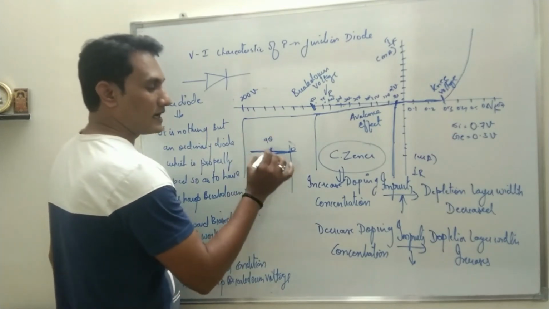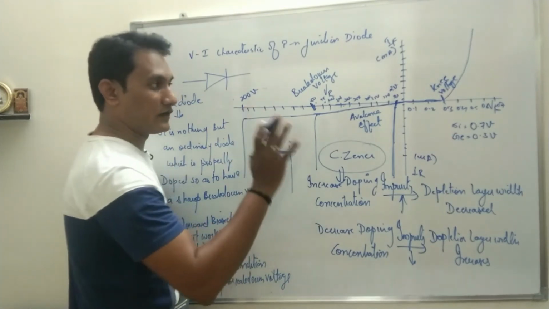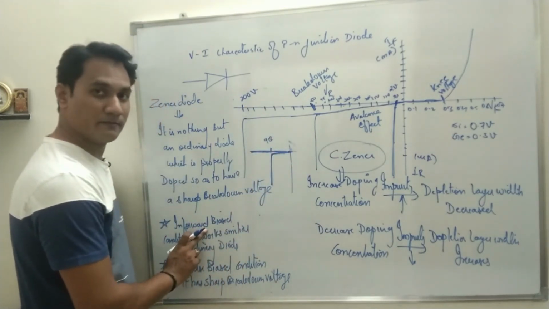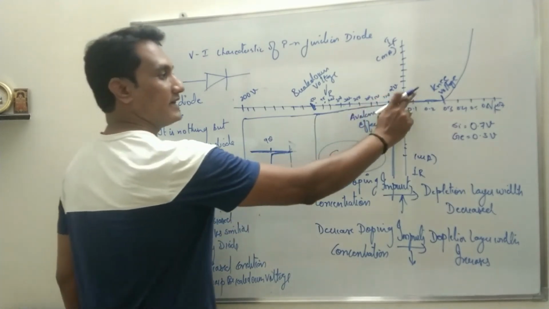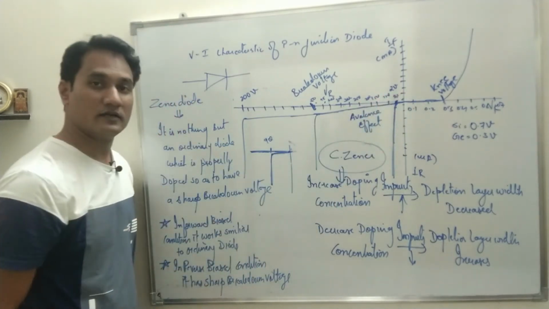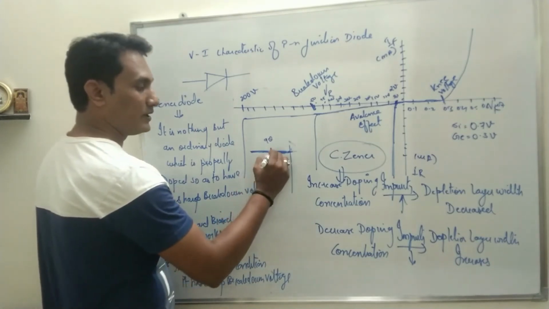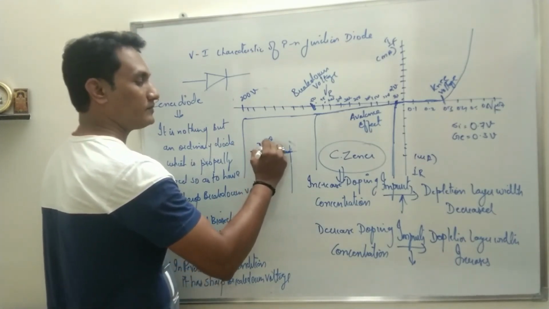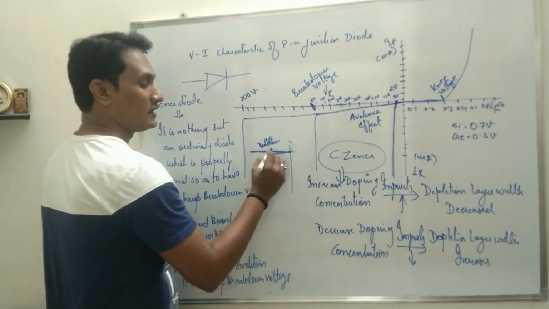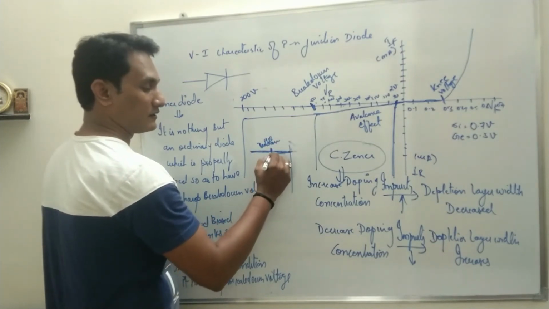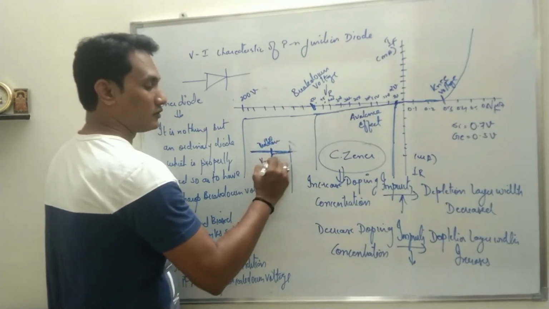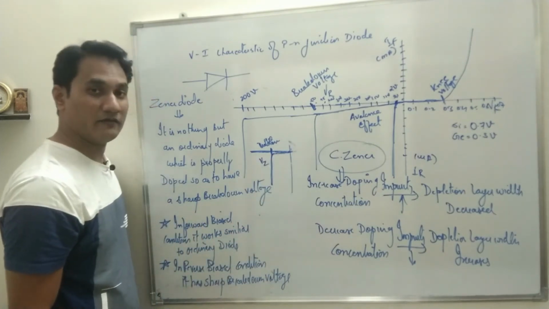Okay, so a Zener diode works in 3 regions. First, I have told you, the forward region, where it works exactly similar to an ordinary diode. In reverse bias condition, it has a sharp breakdown voltage. The voltage at which the current increases sharply is called the Zener voltage, represented by Vz.